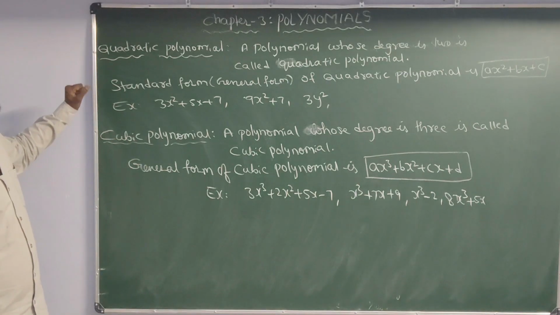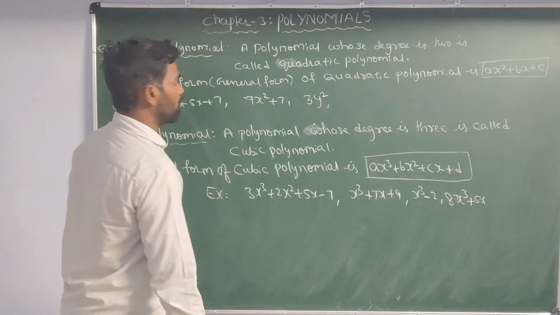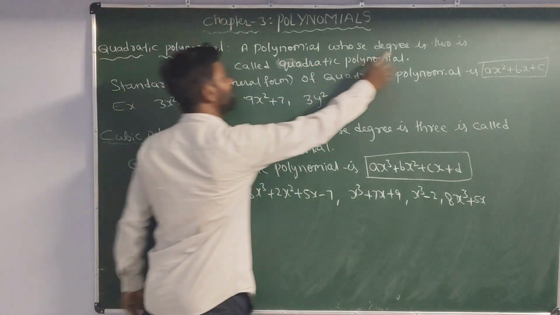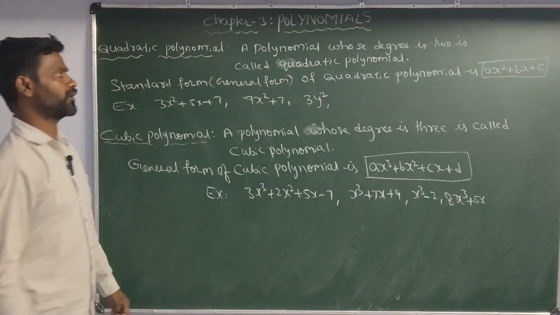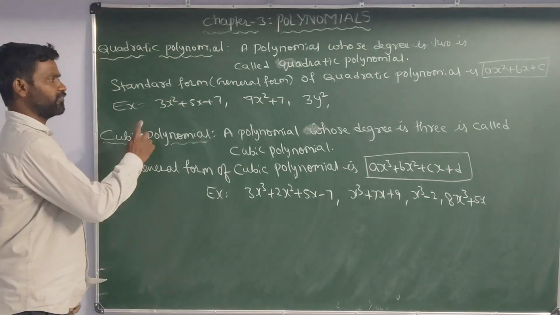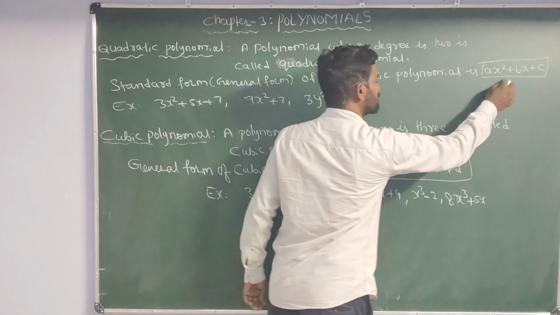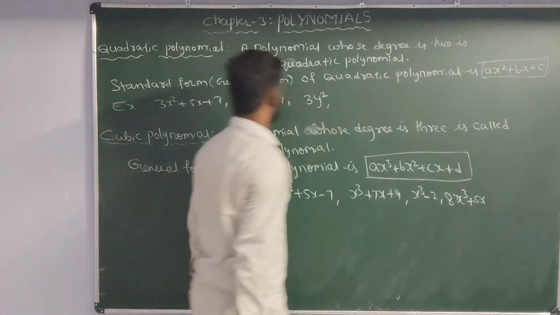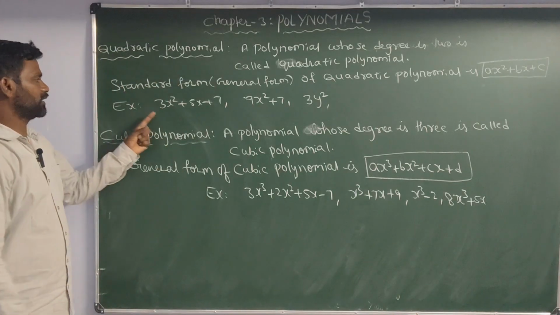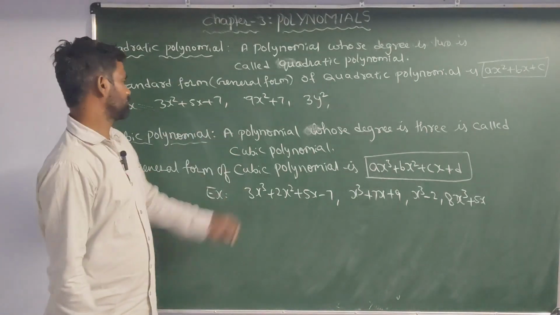Okay, next, quadratic polynomial. What is meant by quadratic polynomial? A polynomial whose degree is 2 is called a quadratic polynomial. The standard or general form of quadratic polynomial is ax square plus bx plus c. An example is 3x square plus 5x plus 7.